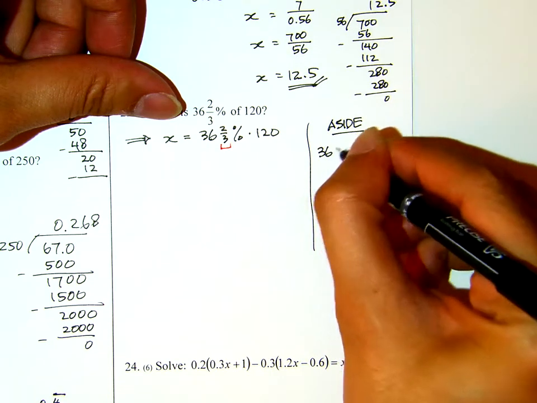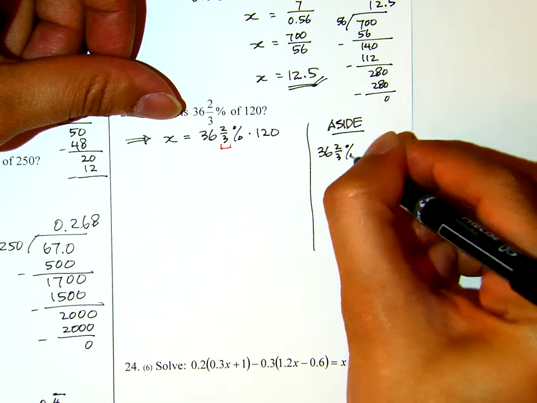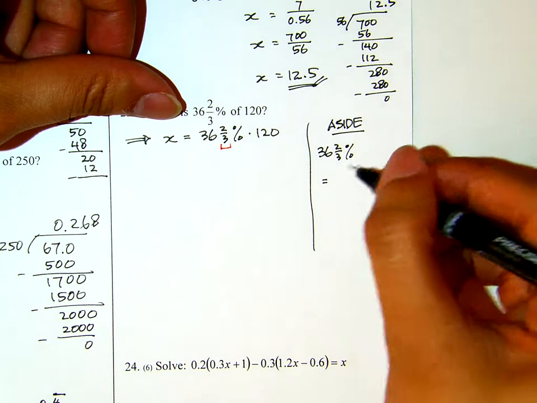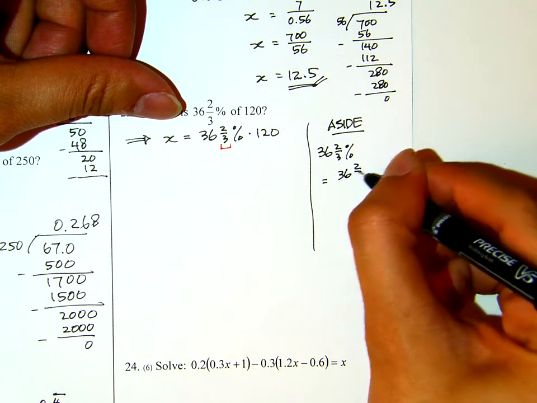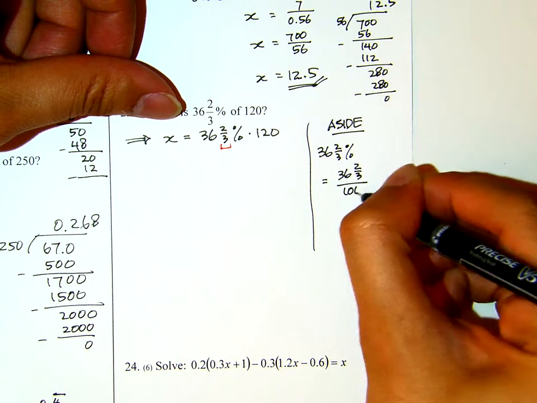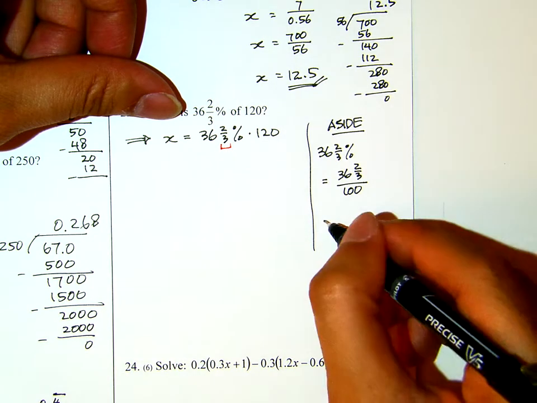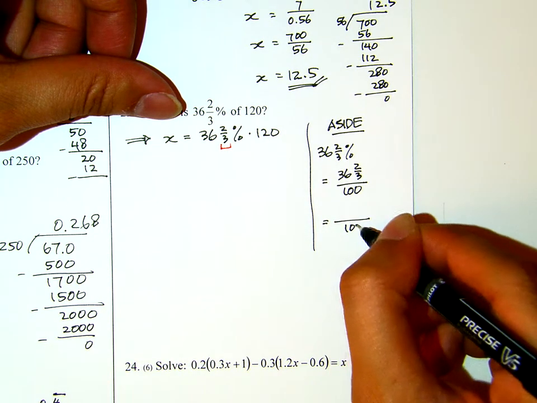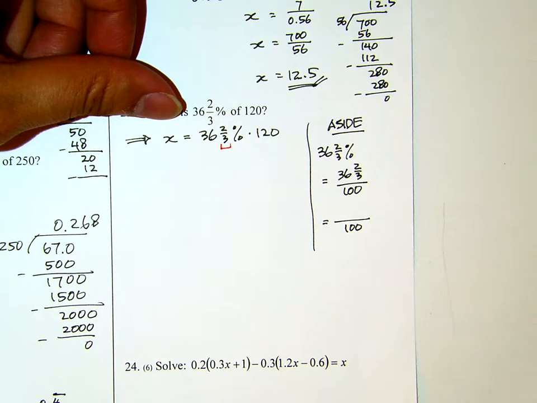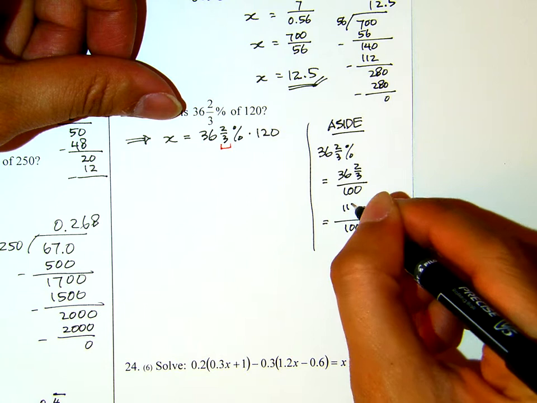36 2/3% equals 36 2/3 over 100. That's the first step. And then I will convert the numerator into an improper fraction. 36 times 3 is 108, plus 2, that's 110.